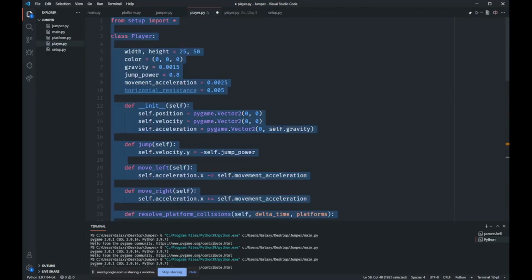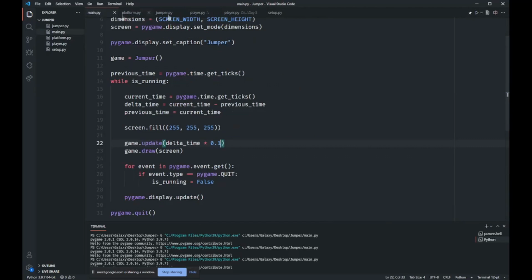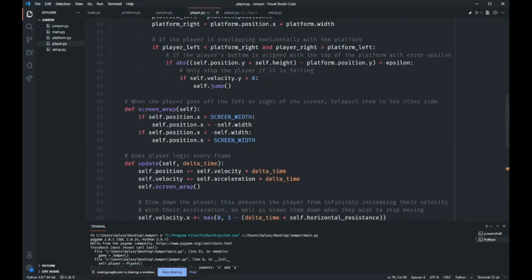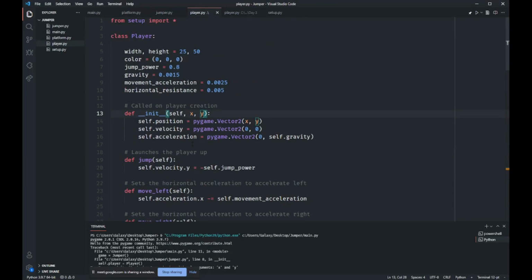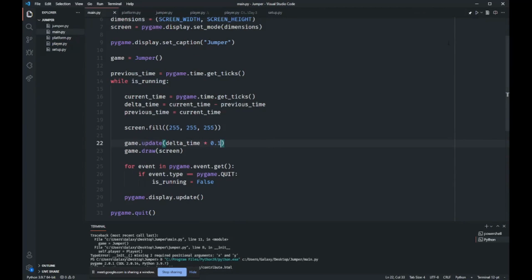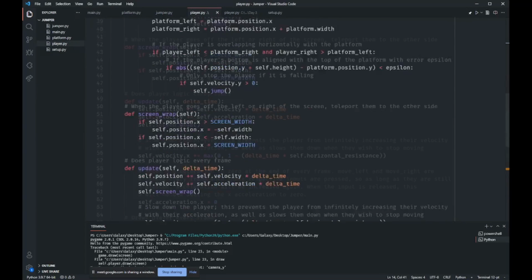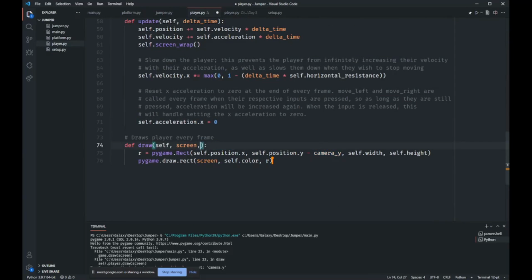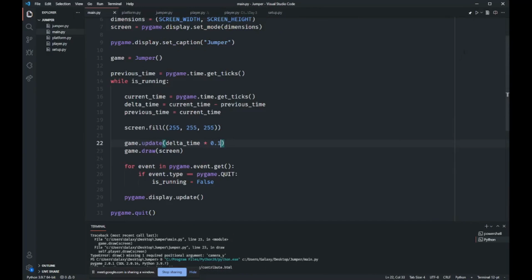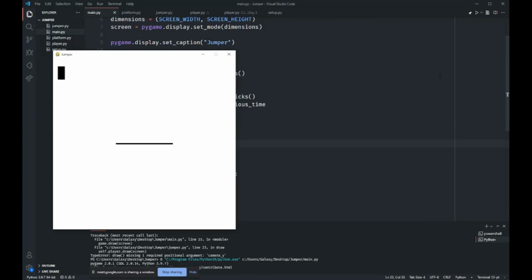If we paste this in here, let's see. Did we make an error somewhere? Sorry guys, I'm not too sure what happened here. I don't know why our code is running differently. Alright, well, now it's working.